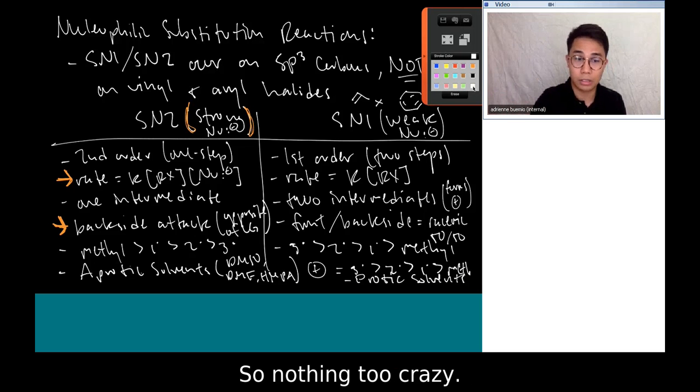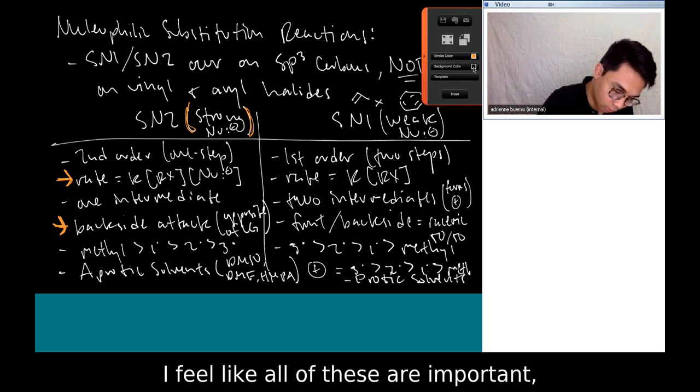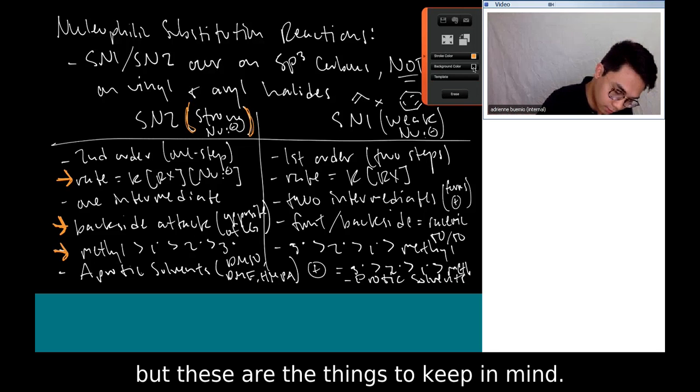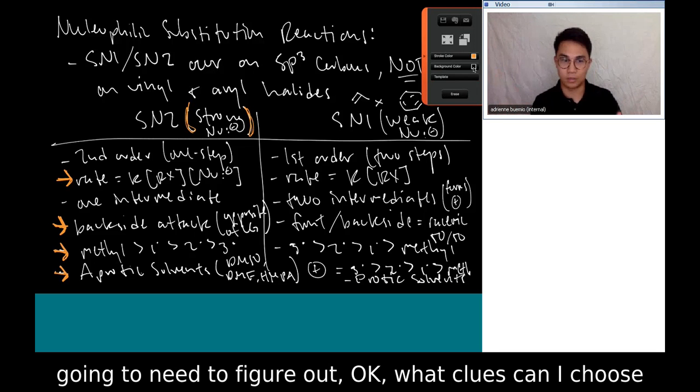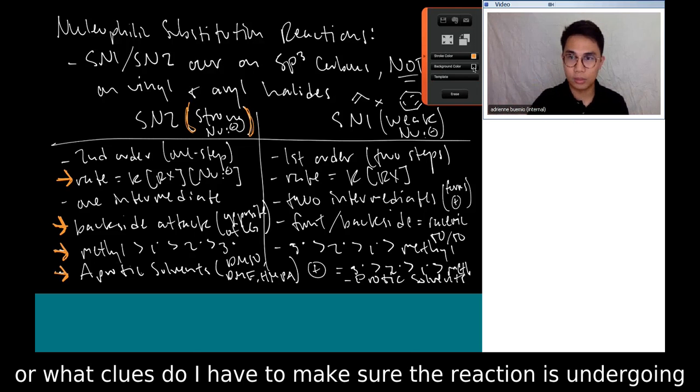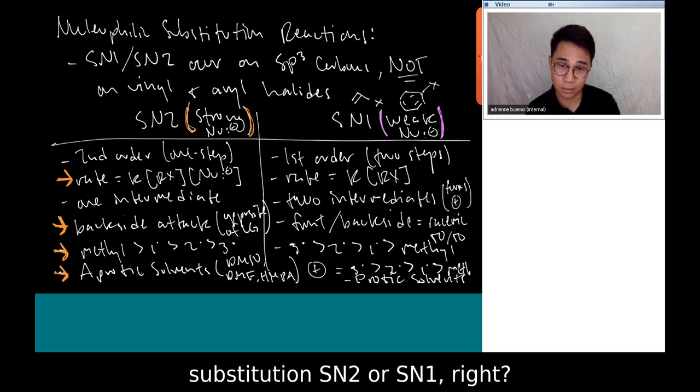So nothing too crazy. All of these are important, but these are the things to keep in mind, especially once everything is mixed up. You're going to need to figure out what clues you have to make sure the reaction is undergoing substitution SN2 or SN1, right?